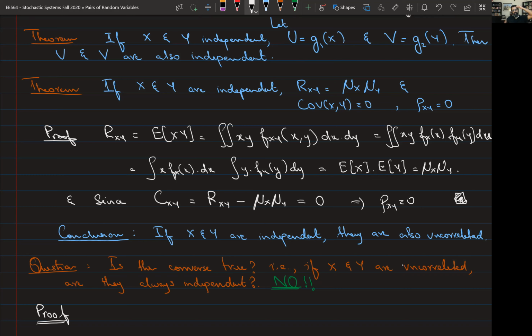Right? If you want to prove that if X and Y are uncorrelated, they are not always guaranteed to be independent, all you need to do is just find one example. And that one example is enough to prove that result. Okay? So all I need to do is find a counterexample.